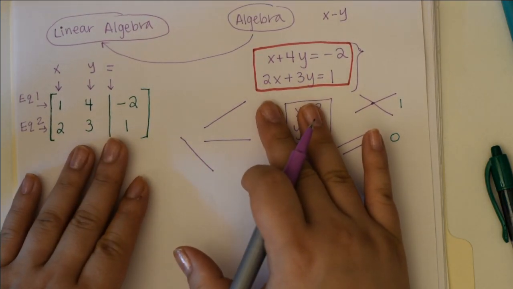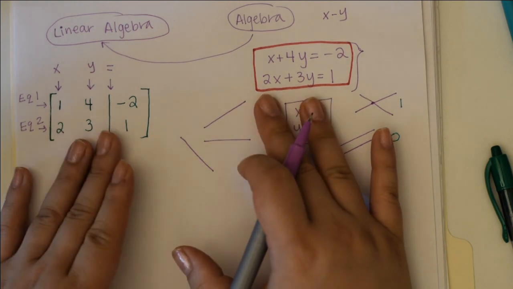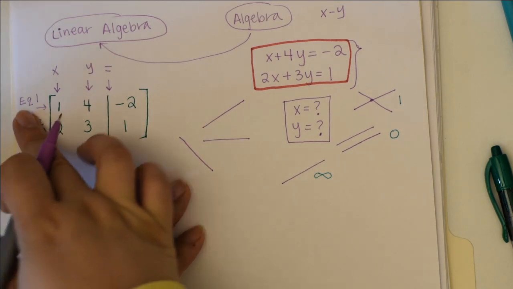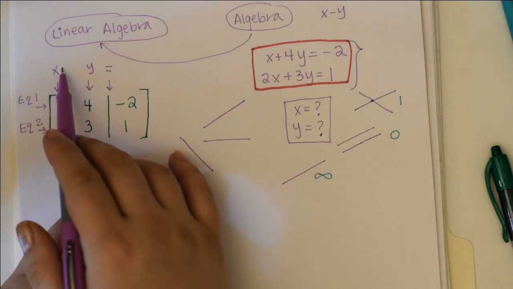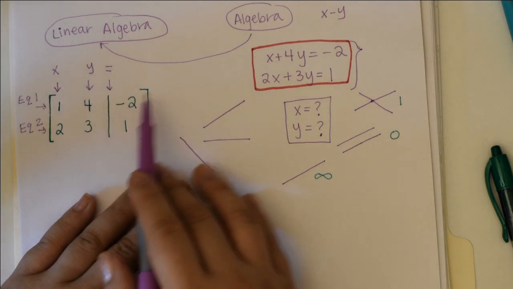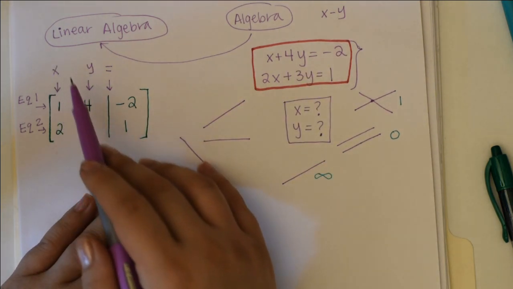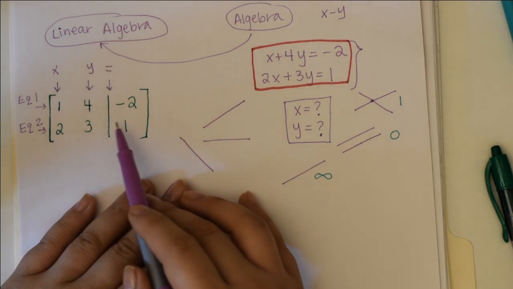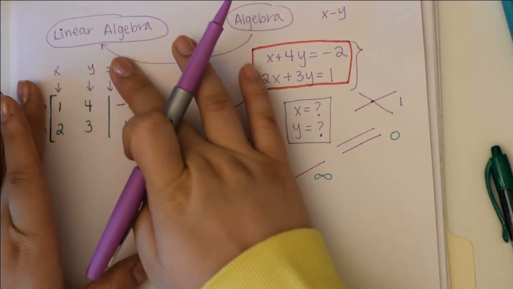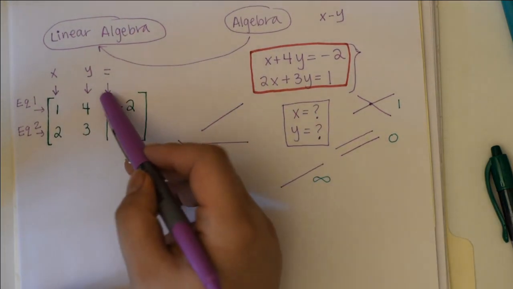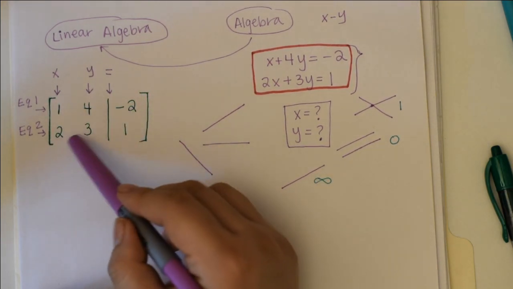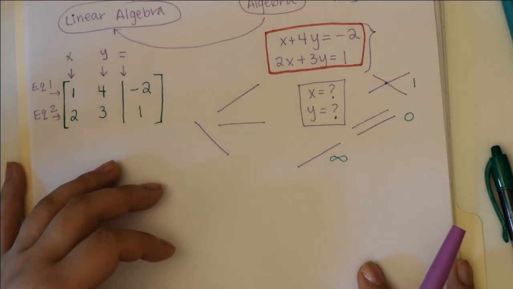Does that make sense? Remember that in this case we have just x, just y. Reading across means 1x, which is just x, plus 4y equals -2. 2x plus 3y equals 1. We don't write all this other stuff. That's just there to help us remember, but you can just use this to represent what's happening.